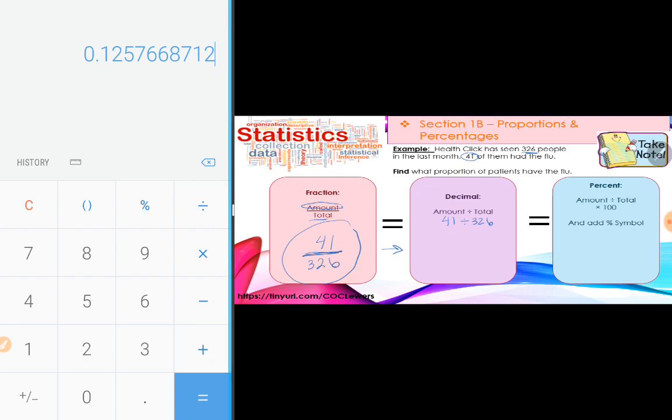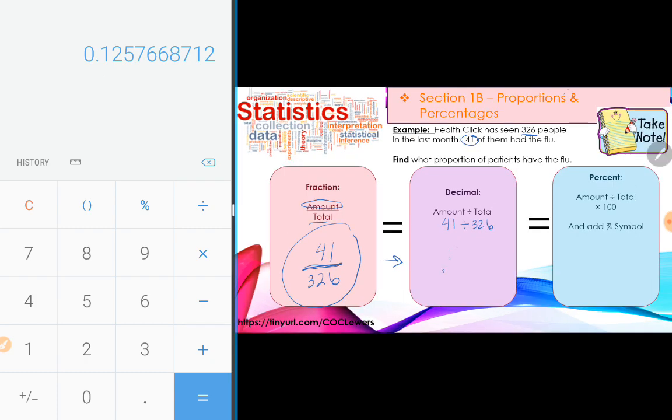That's 3 decimal places. So looking at here, I see the 7 after the 5 tells me I'm going to round up. So I'm going to round this up to 0.126. Okay, so that's my decimal rounded to the nearest thousandths place.